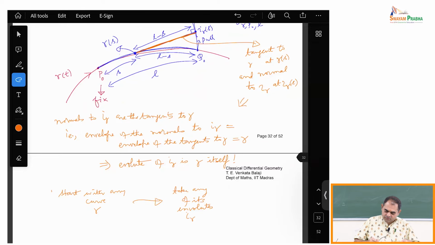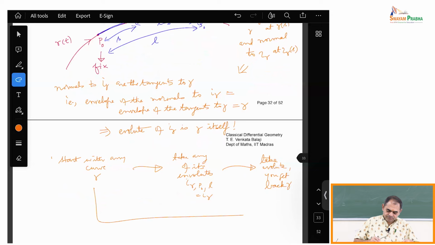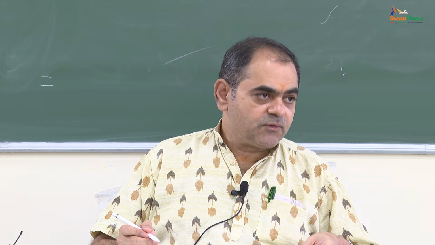Of course the involute involves these choices, I gamma of P naught, L, is equal to I gamma. Then you take the evolute, and you get back gamma. So any curve is the evolute of any of its involutes.